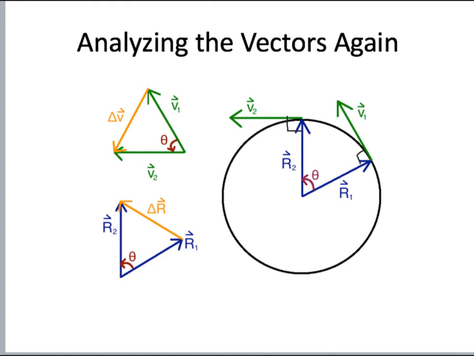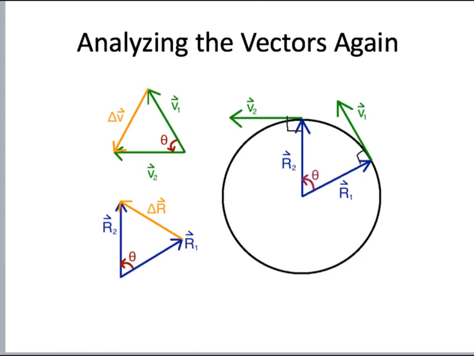And there's something else that's very similar about these triangles. This is a radius and this is a radius, so we know that that length and that length have to be the same. This V2 and this V1, we know that they have the same speed, the same magnitude. So this side and this side are also the same.